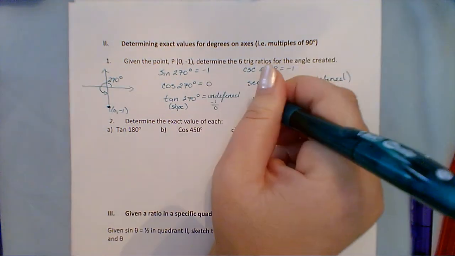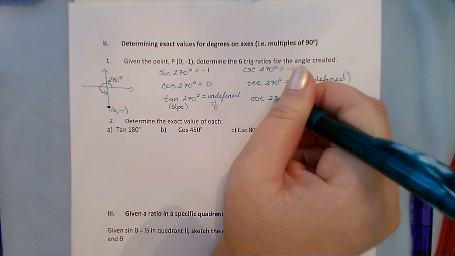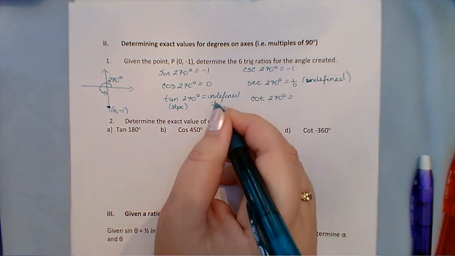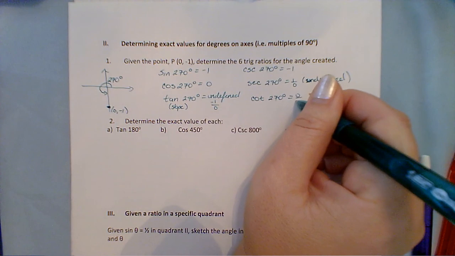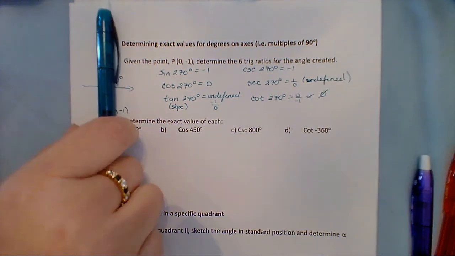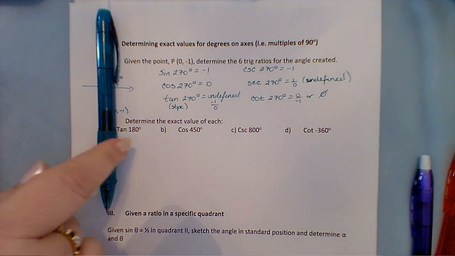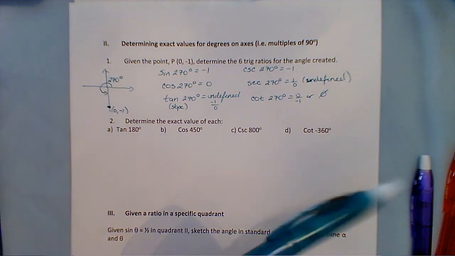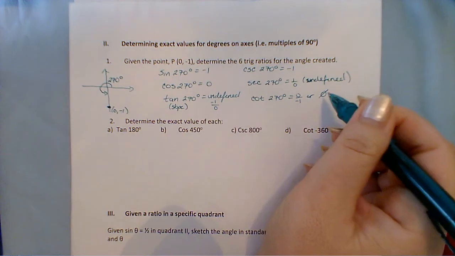And tan matches up with cot. -1 over 0 becomes 0 over -1, which is just 0. So wherever tan is undefined, cot is 0. Wherever cot is 0, tan is undefined, because they are reciprocals of each other.